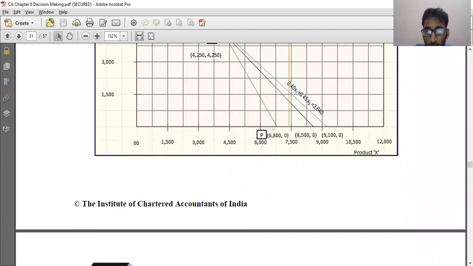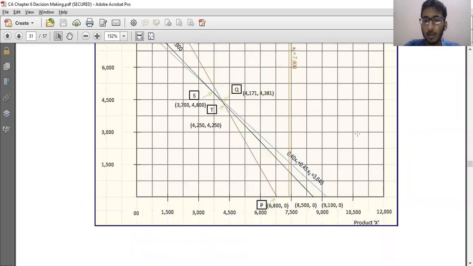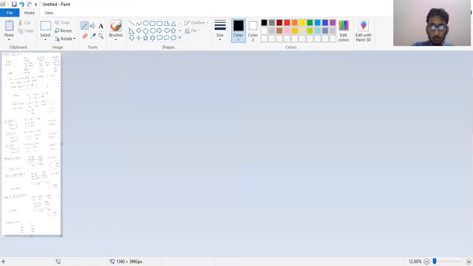Here it is intersecting 6800, 8500, 9100, but where it is first intersecting x and y, it is first intersecting x at this point 6800 and 0. So we will take these 2 points as well for our consideration. For which consideration? For calculating, just a second.